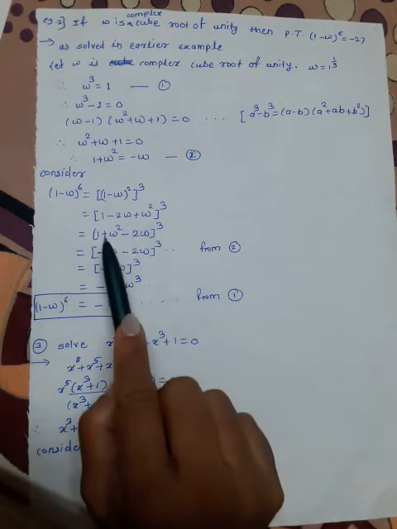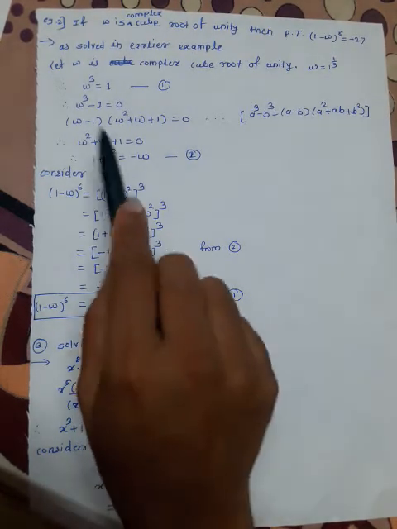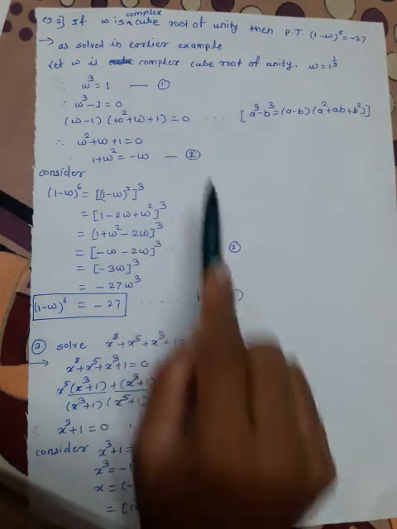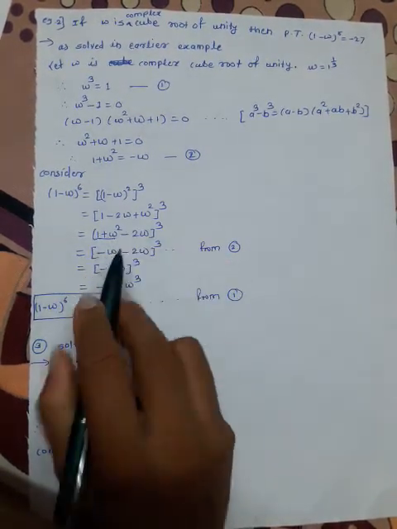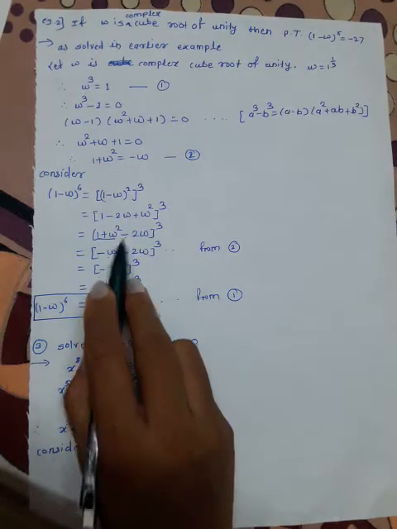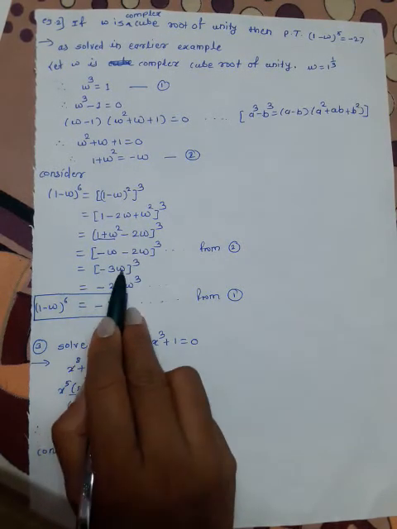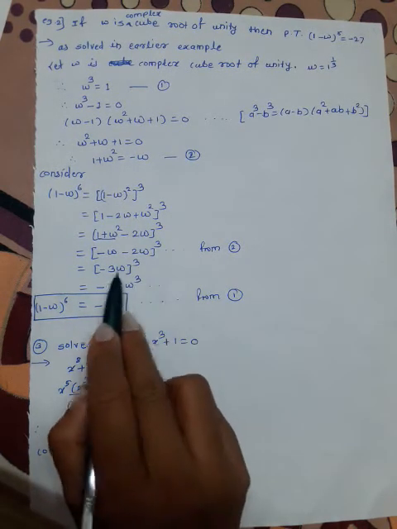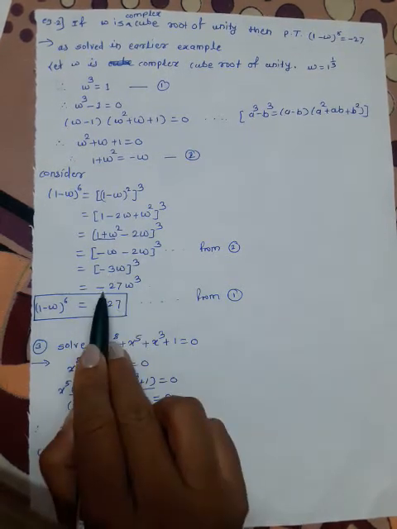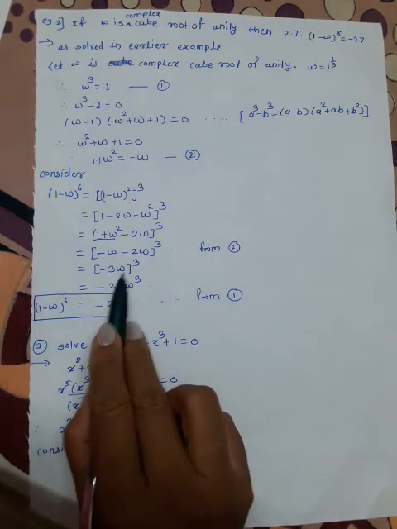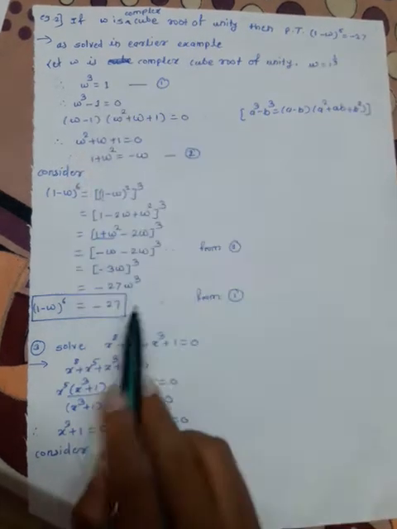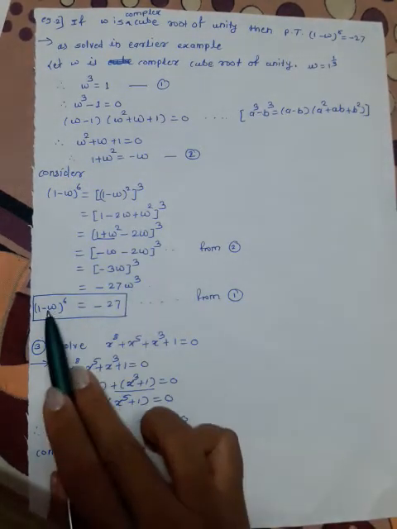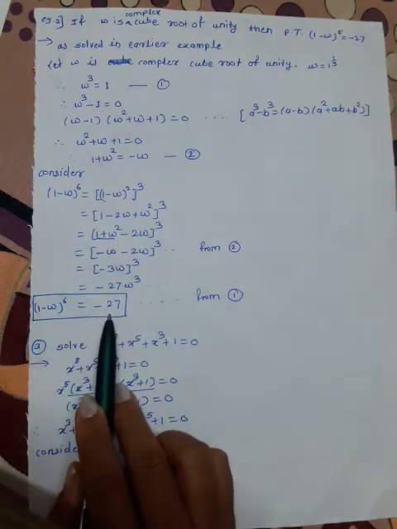Now 1 plus omega square, we know this is minus omega from equation 2. Put this value here as minus omega. Minus omega minus 2 omega becomes minus 3 omega. Cube becomes minus 3 cube, which is minus 27. Omega cube is as it is, and omega cube value is 1. Put this value here, we get this LHS is equal to minus 27.